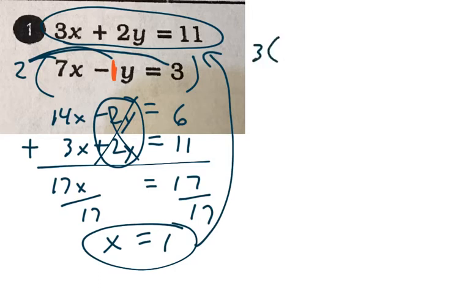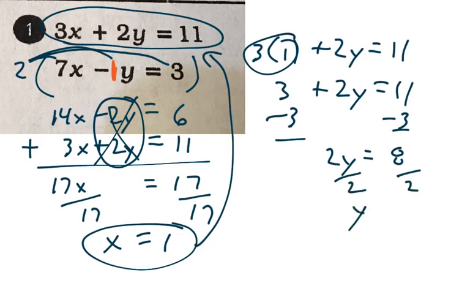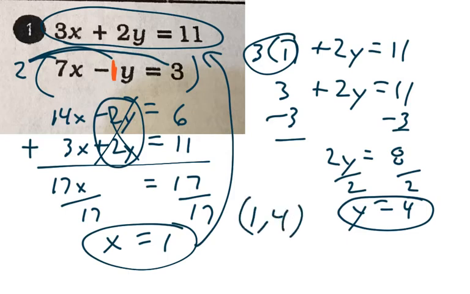So I'm going to have 3 times 1 plus 2y equals 11. 3 times 1 is 3. If I minus 3 both sides, 2y equals 8. And when I divide by 2, y is 4. So our solution is 1, 4.